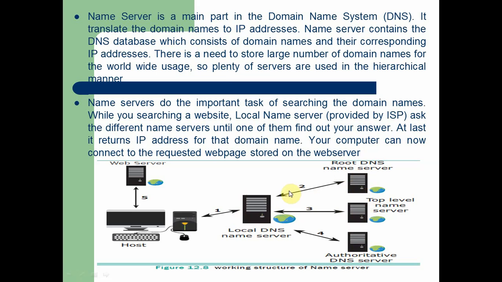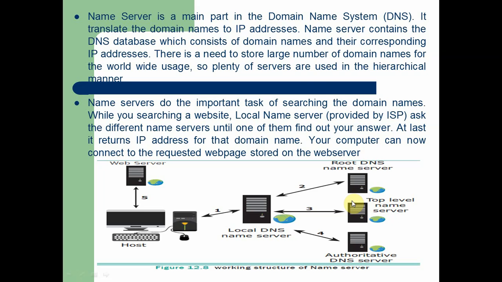All the DNS servers return the information requested by the local DNS. From the local DNS, the necessary IP address is returned to the computer. Using that IP address, the host computer can access the web server and retrieve the data. So these servers store the domain names as well as IP addresses of different levels of domain names, from higher level to lower level.